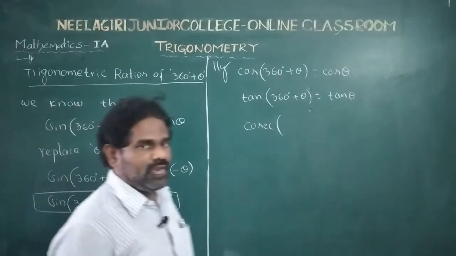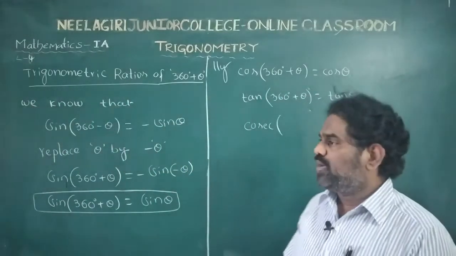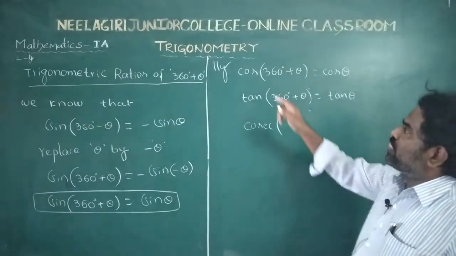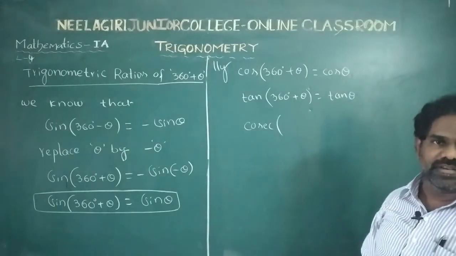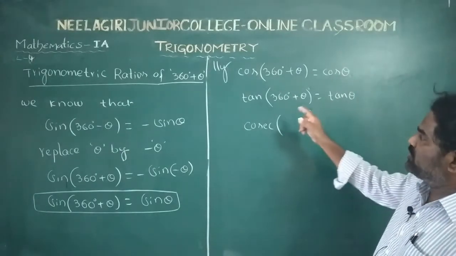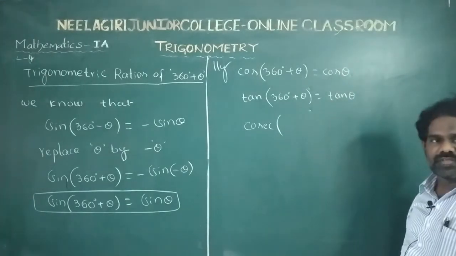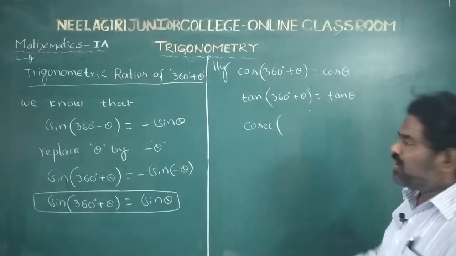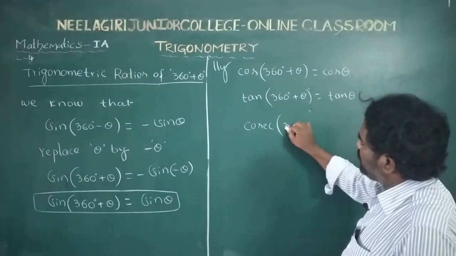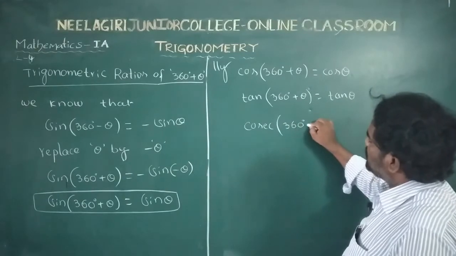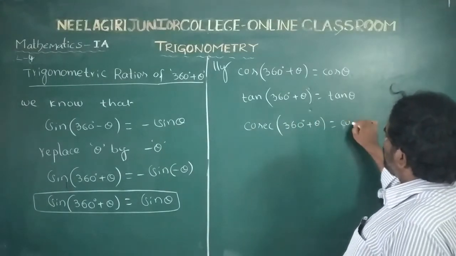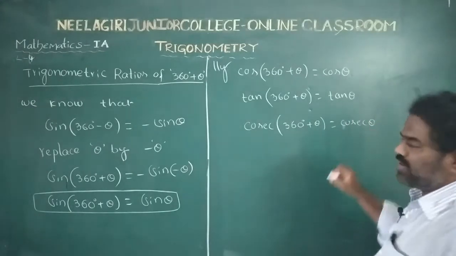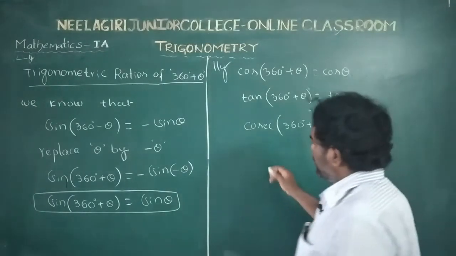Similarly, we can write the trigonometric ratios: cos of 360 plus theta is cos theta. Tan of 360 plus theta is tan theta. Cosec of 360 plus theta is cosec theta. Sec of 360 plus theta is sec theta.